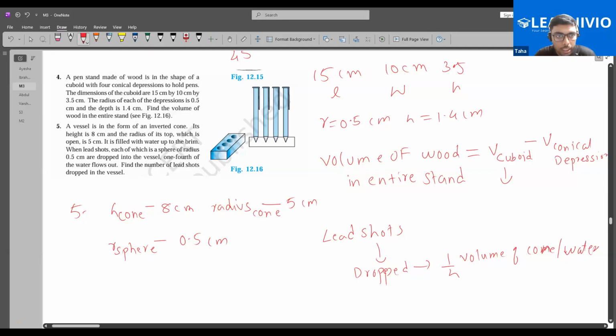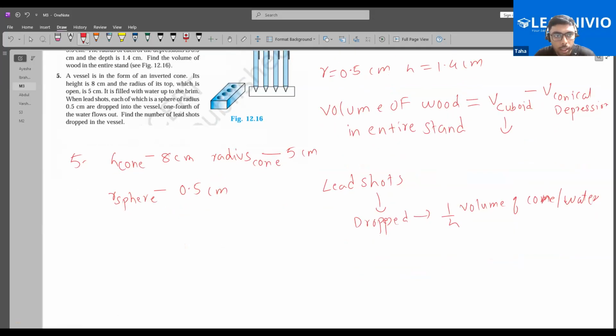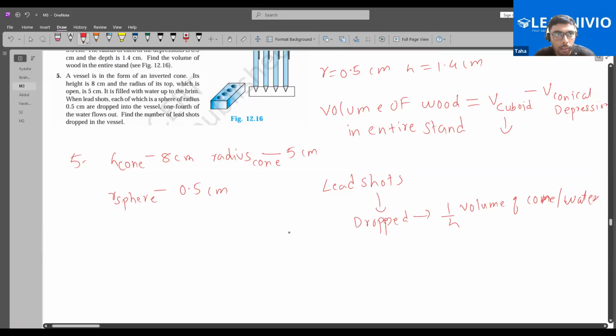If you follow this reasoning, what you can do is make a very basic relationship. So what we will do here is find the volume of one lead shot.